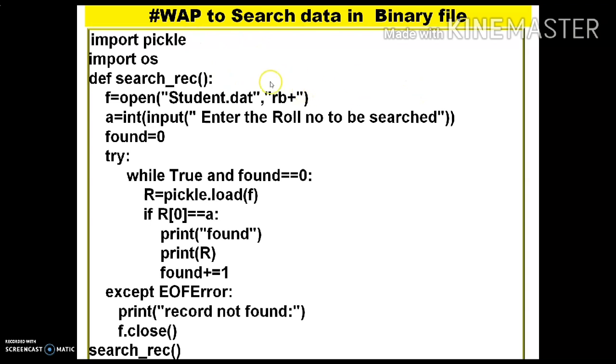I am taking a variable to accept the roll number, and a variable to indicate whether the record is found or not. So we need to keep on searching for the record from the beginning of the file.